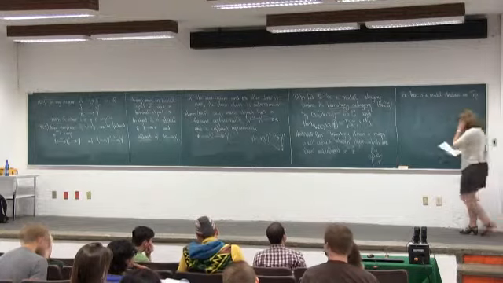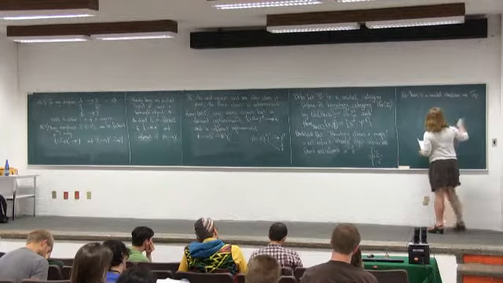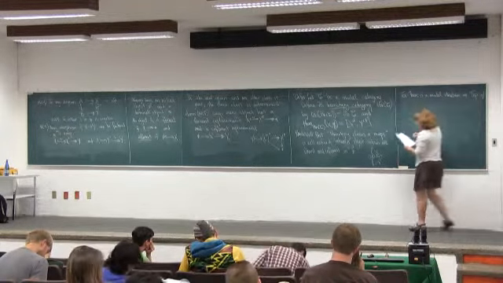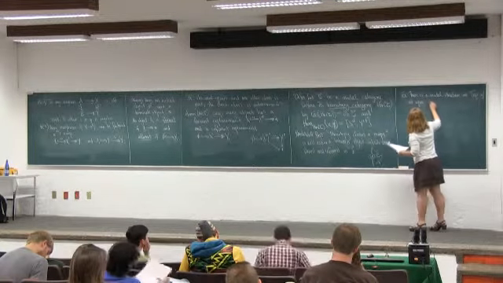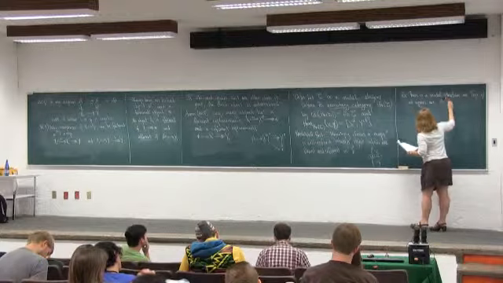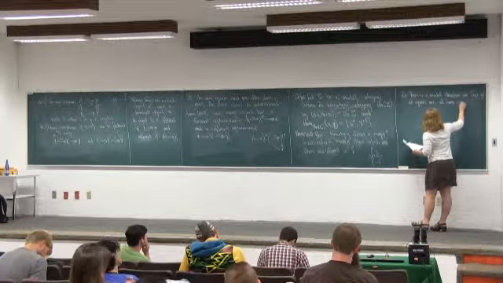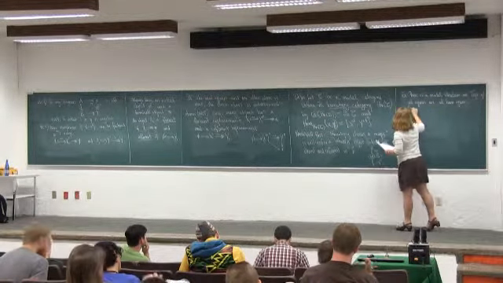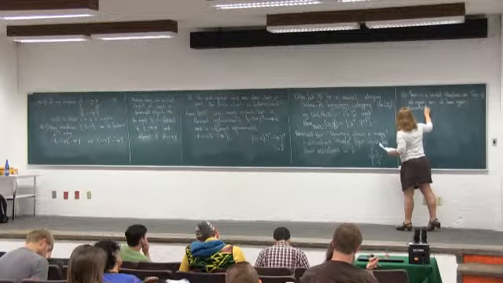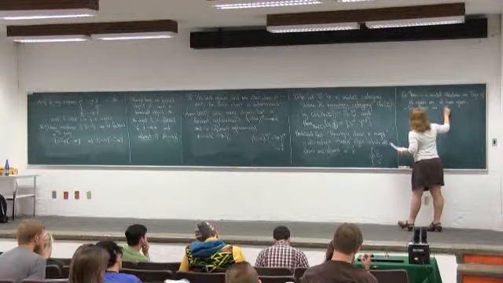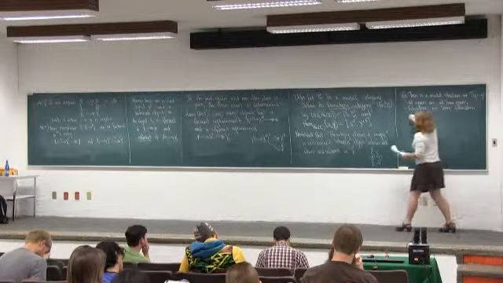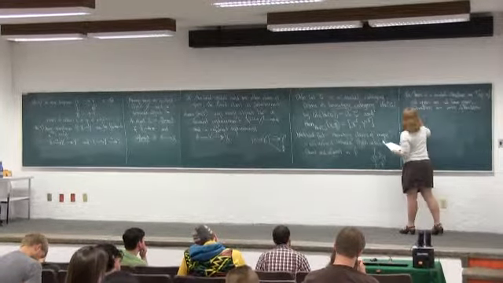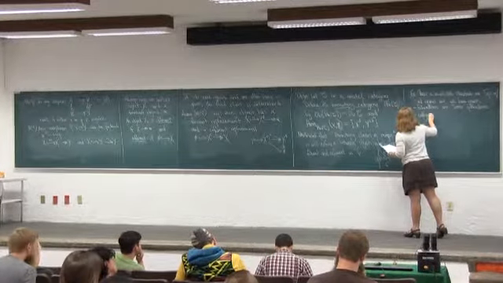So there's a model structure on the category of topological spaces with the following. Weak equivalences are the weak homotopy equivalences. Fibrations are the Serre fibrations. And the cofibrations are as above.